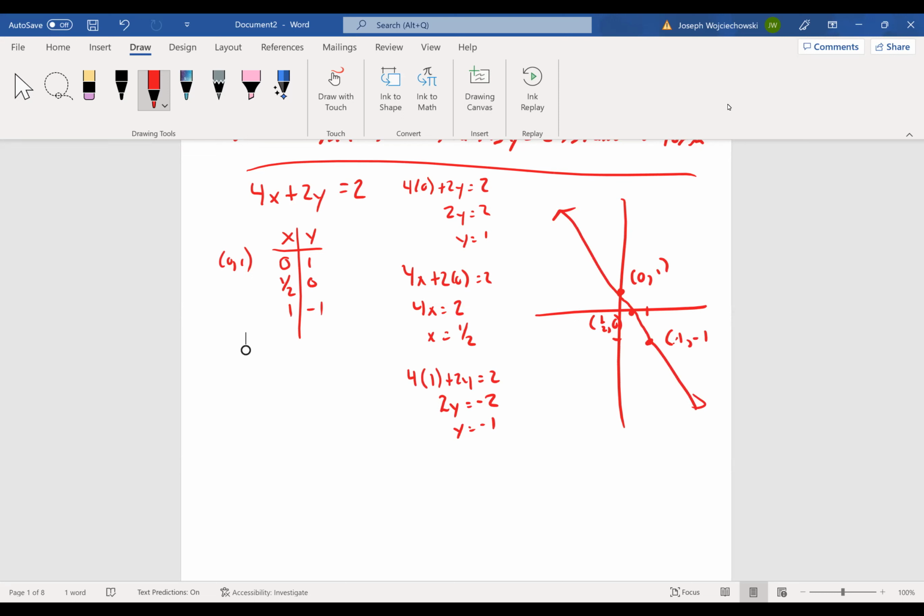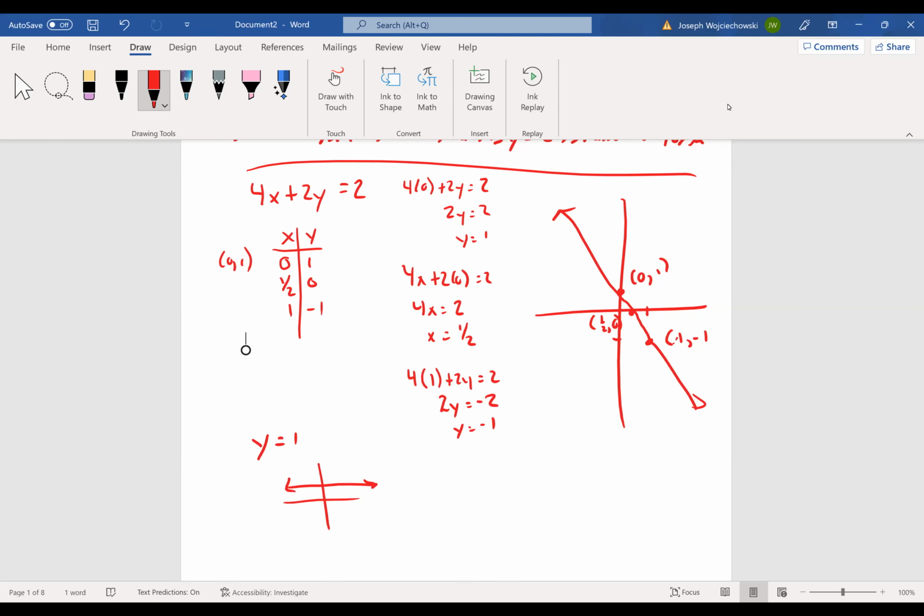Okay, let's look at a couple of special cases. What if I have something like this? y equals 1. Well, it doesn't matter what x is. y is always going to be 1. So that is a horizontal line.